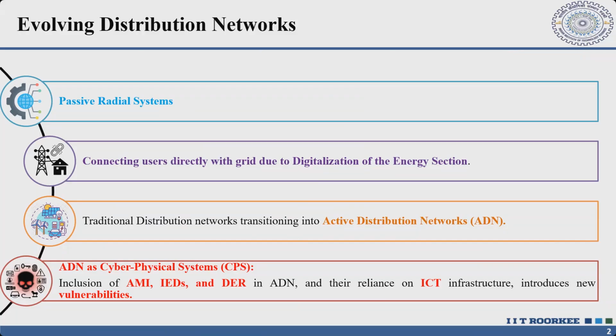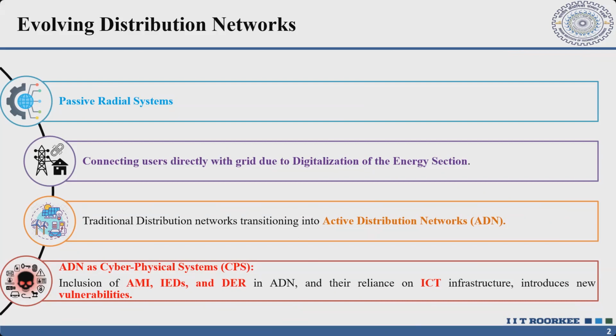So then there is always a threat, vulnerabilities are always there. This includes advanced metering infrastructure, your IEDs, intelligent electronic devices, and the DER level. When you install any DER with a smart inverter, at all three levels the threats are always there.